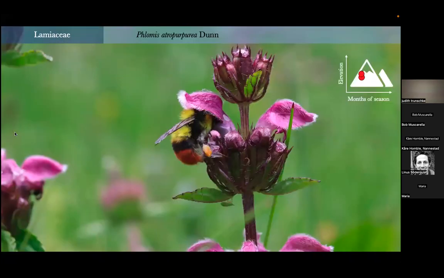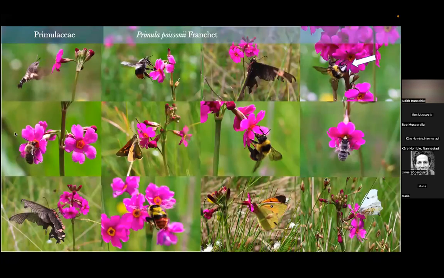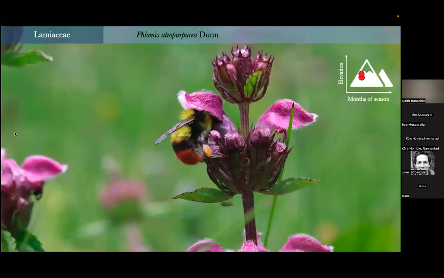And the next one that picks up the dominance in these wet meadows at medium-low elevation is Phlomis atropurpurea, which you can already see from this picture. It's utilized by bumblebees, and the whole back of the bees is covered with this white Phlomis pollen.